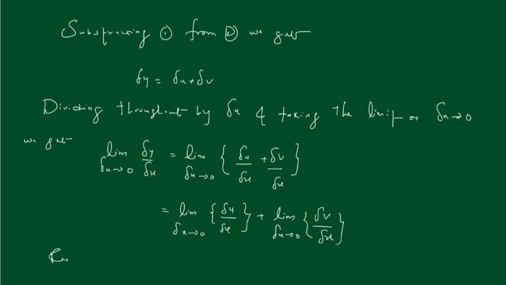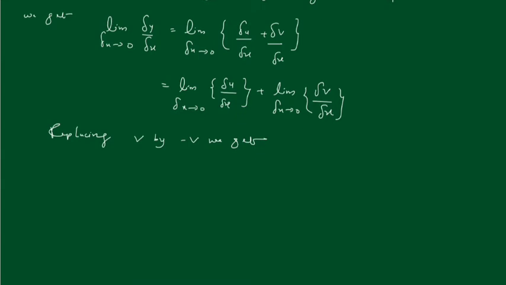So finally what we can write here, dy by dx is equal to du by dx plus dv by dx.